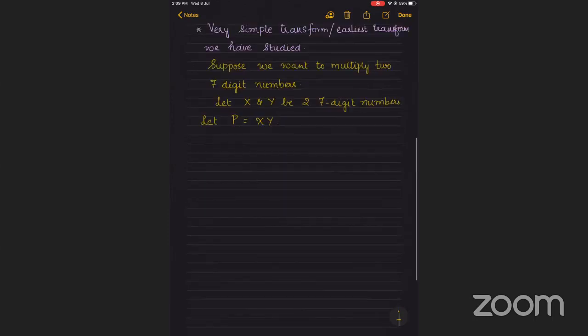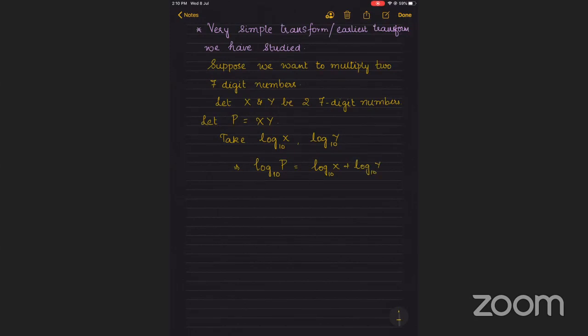Now, what is the easiest way of computing this? The easiest way is to take log x base 10 and log y base 10. Then we have log p base 10 equal to log x base 10 plus log y base 10. So what has happened?